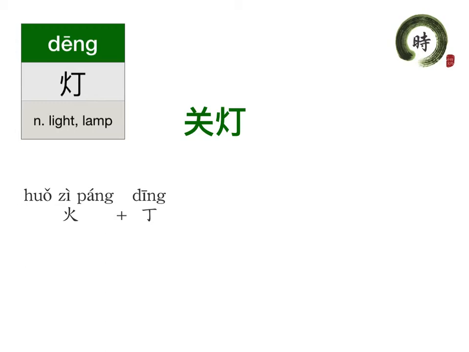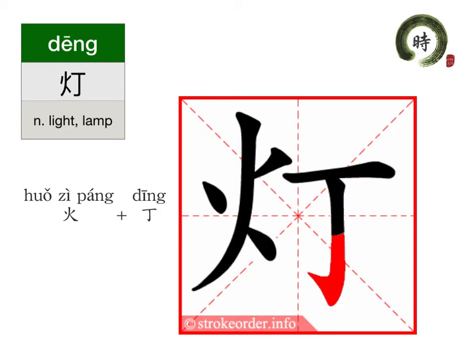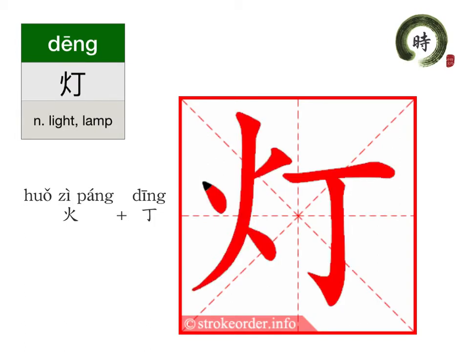While on the right, we have the character 丁, which helps with pronunciation. Okay, now could you please write down 灯 by yourself? So first, we have the radical 火字旁, and then the character 丁. Quite simple, right? So to turn on the light, we say 开灯, and to turn off the light, we say 关灯.